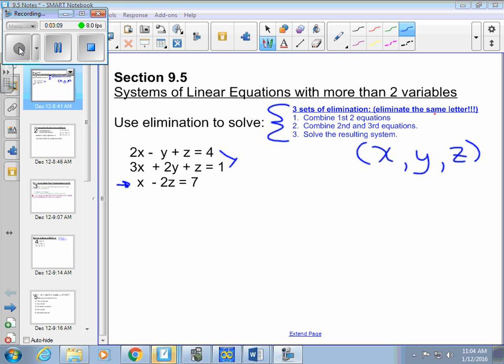So right here, if this was a -2, so if I multiply this one by a +2, I'm going to get 4x minus 2y plus 2z equals 8. Adding the new equation with the second equation, because they're opposites, we get 7x plus 3z equals 9.